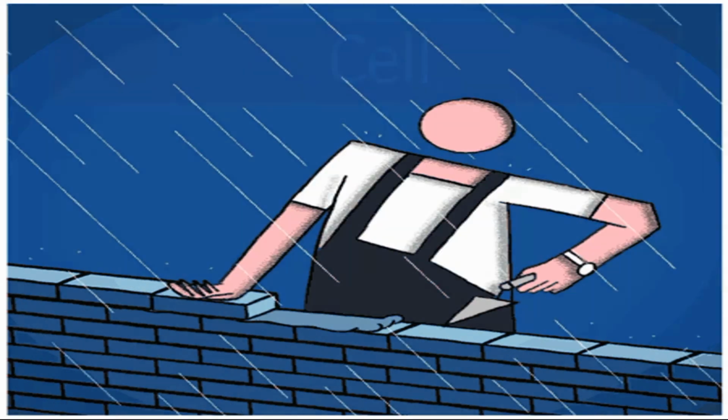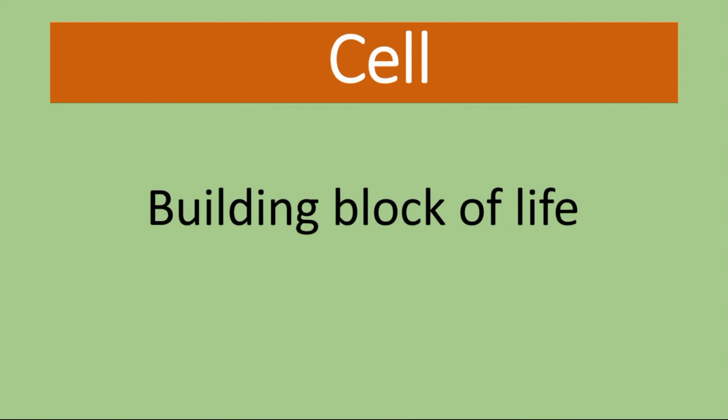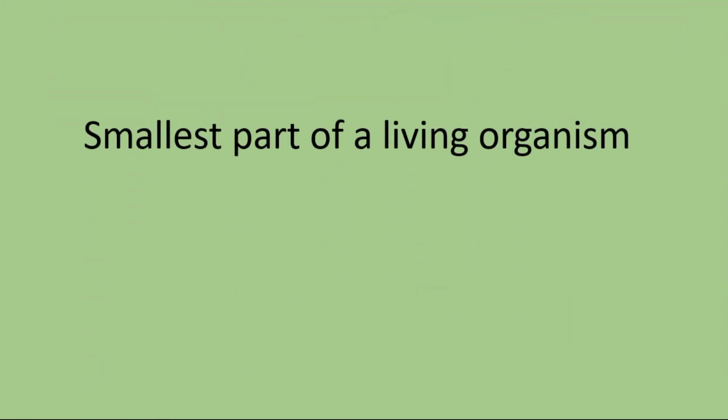As such, the cell can be defined as the building block of life. So all living organisms, from the tiniest organism to the largest organism, are made up of cells. A cell, therefore, is the smallest part of a living organism.